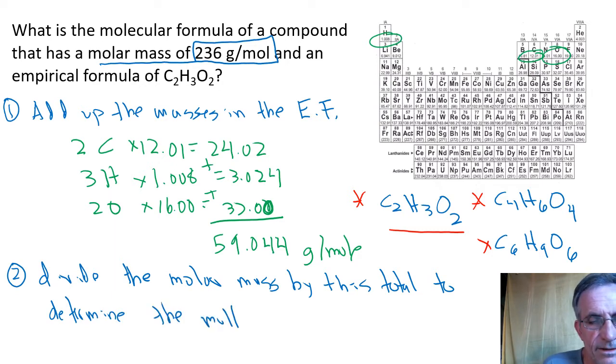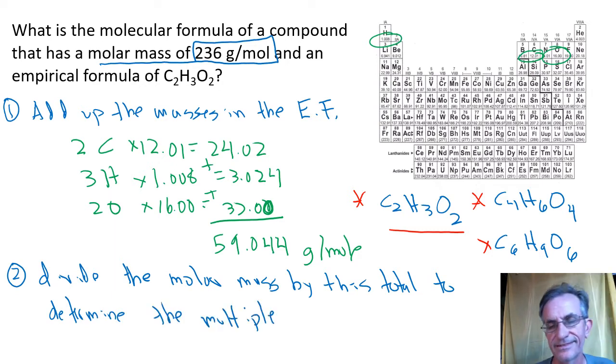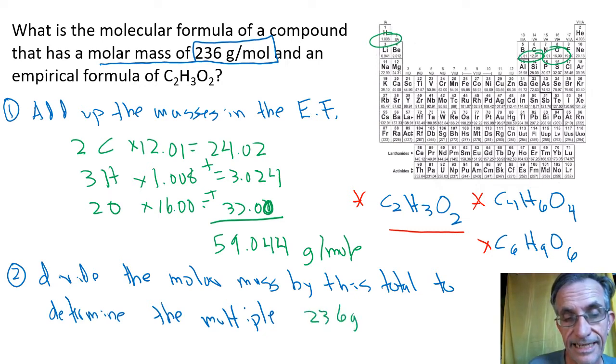It might make more sense just seeing it than writing it out. In reality, all the atoms do not add up to 59. They add up to 236. So I'm going to take the total they should be, 236, and divide by what I get from the empirical formula, which is 59.